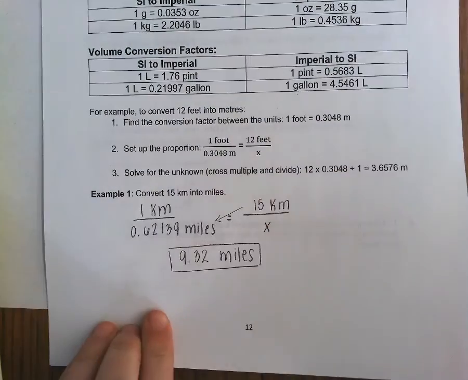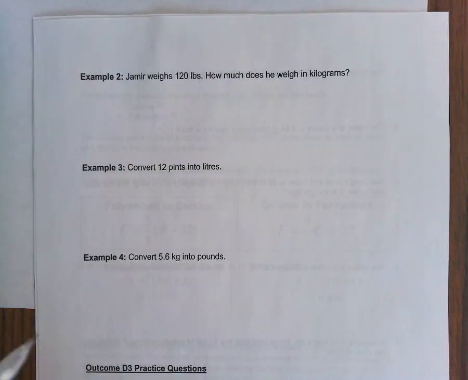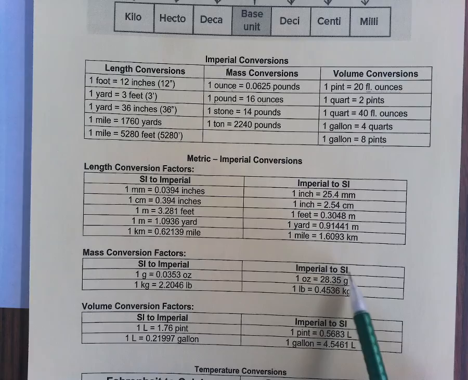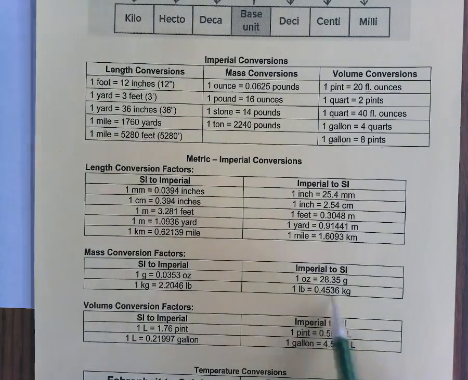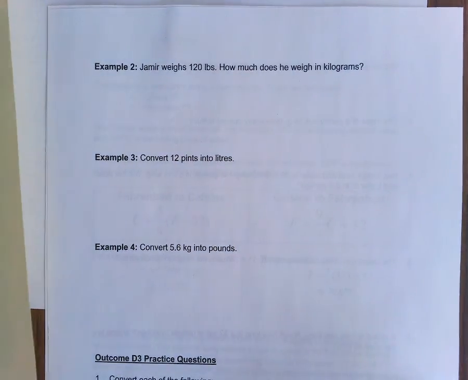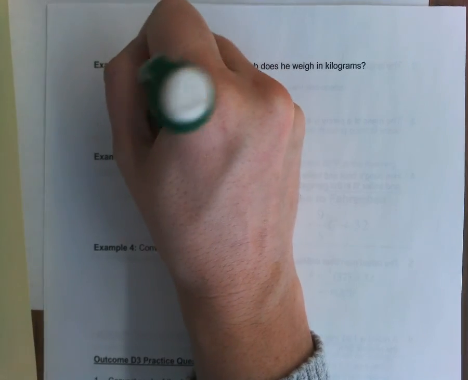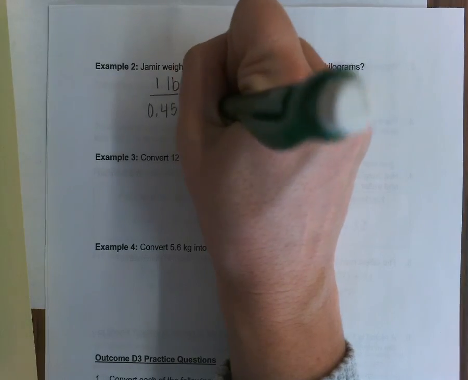On the next page, example number 2 wants you to convert 120 pounds into kilograms. Again, on your conversion chart, you are going from pounds to kilograms, so imperial to metric. So 1 pound is 0.4536 kgs. 1 pound, 0.4536 kgs.